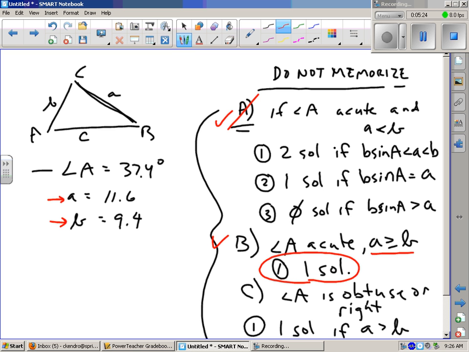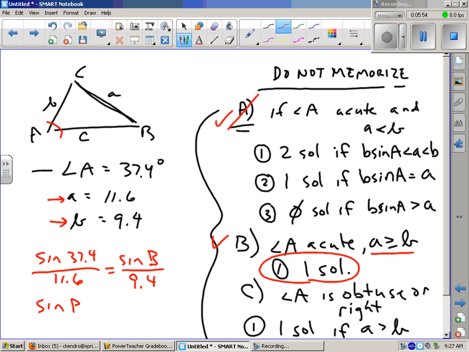Okay, now we are given only one angle and two sides. So we're going to have to do some figuring out here. So if I have sine of angle A, so sine of 37.4 over little a, which we know is 11.6, and then we can take sine of angle B, which we don't know, over little b, which we do know is 9.4.